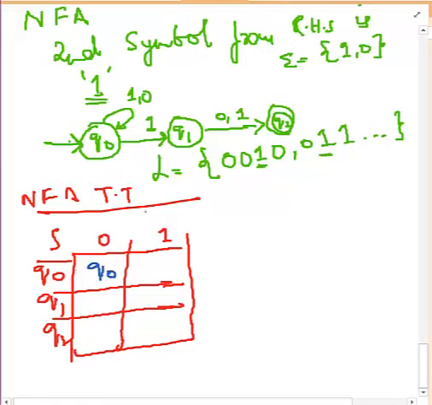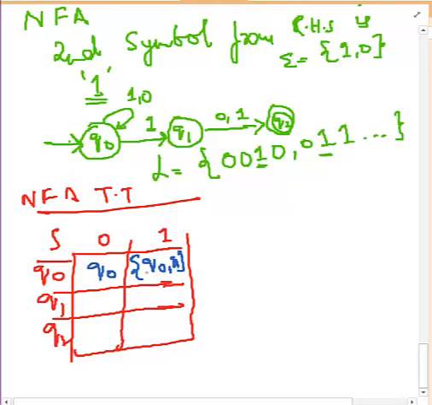Q0 on 1, where is it going? It goes on a 1 to Q0 as well as to Q1. So we write it in braces, that it goes to Q0 as well as to Q1. Now this thing is read as a single state, right?